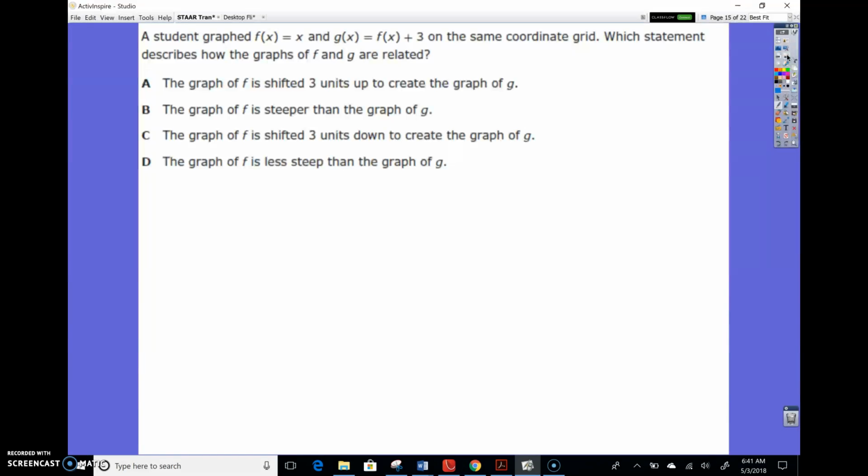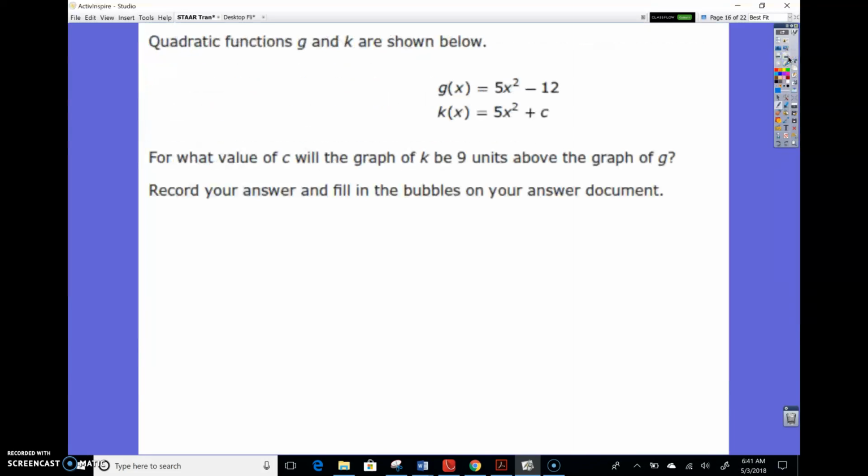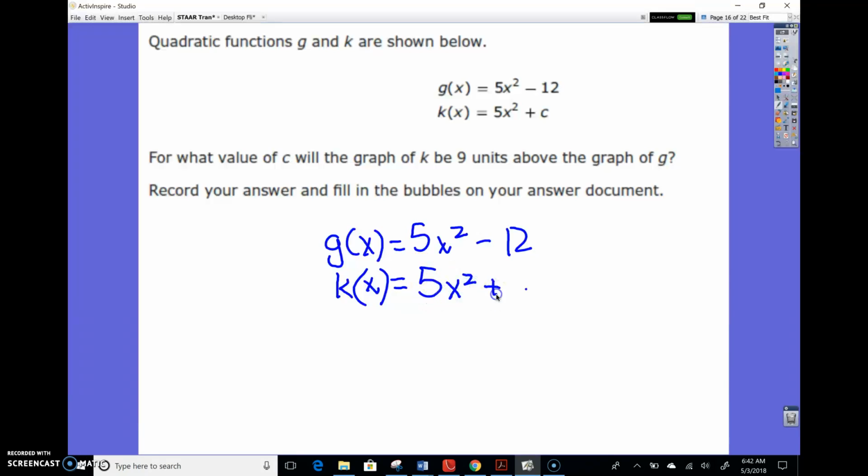Why don't you try this one on your own? Like a quadratic function, g of x is equal to 5x squared minus 12. k of x is equal to 5x squared plus c.